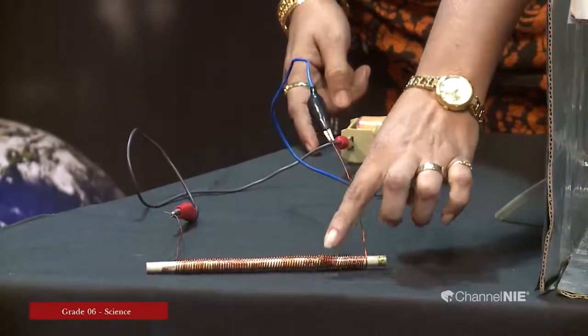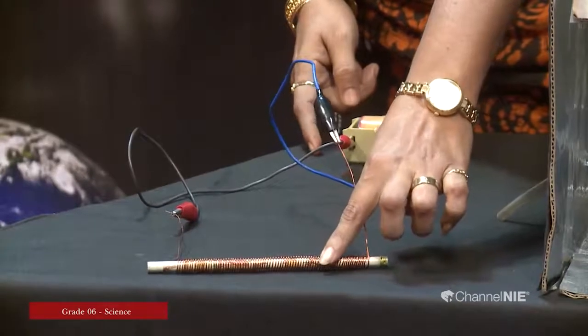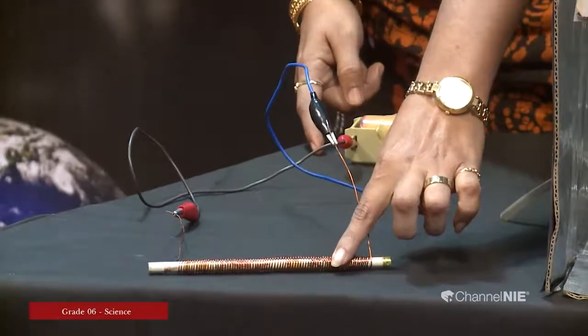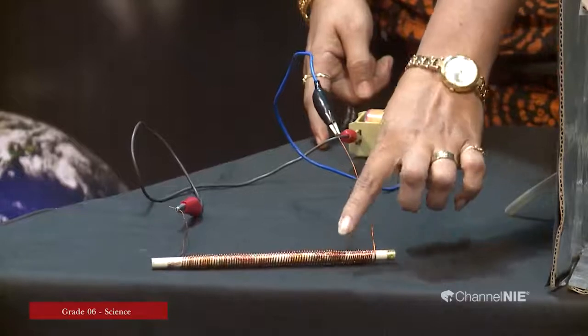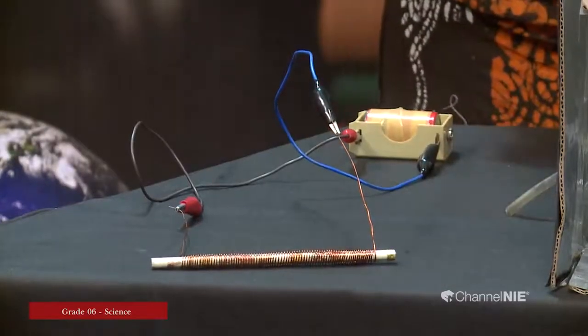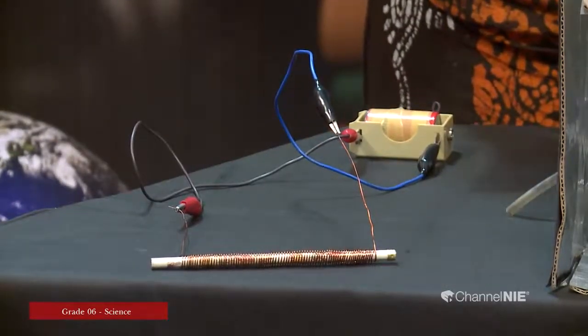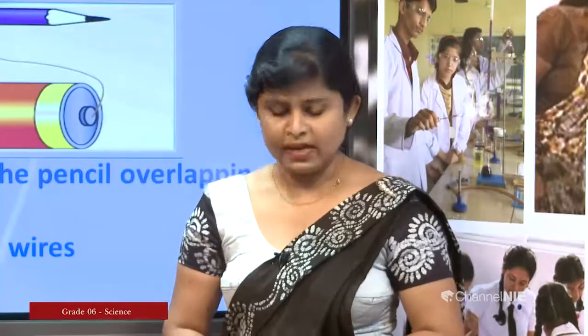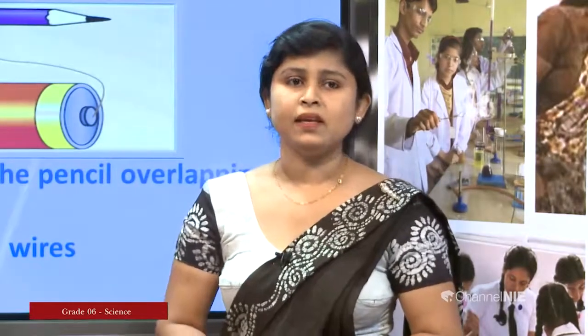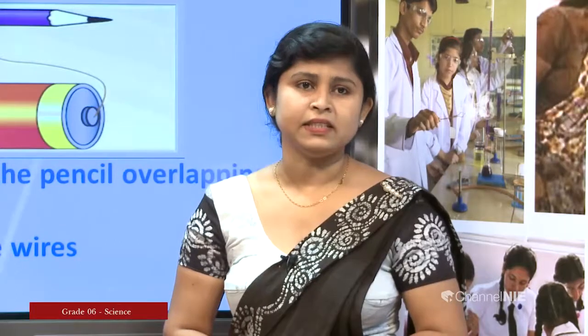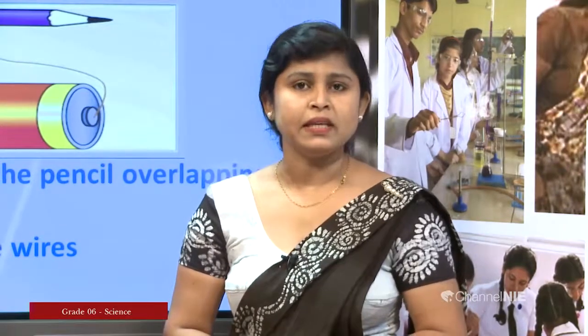I touch the coil and I feel heat in the coil. The coil is heated up. That is my observation. When we connect the ends of the copper wire to a dry cell in this way, the copper wire starts heating.